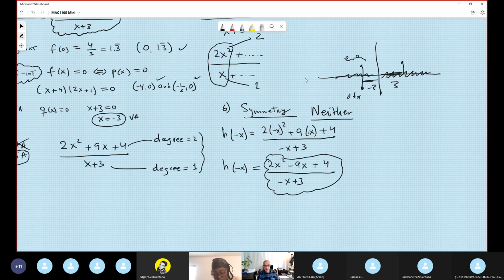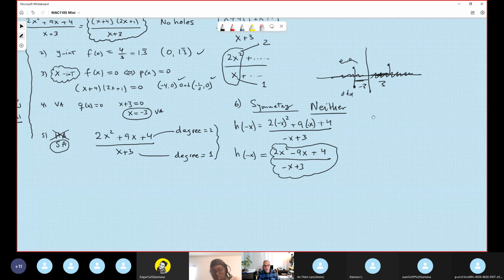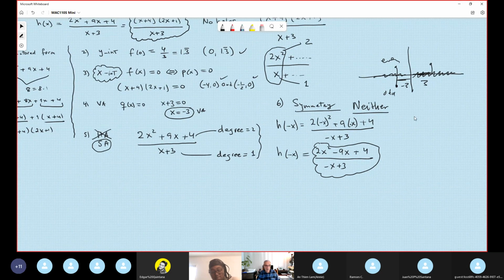Let me do a verification. I forgot something. I forgot inside the topic 5 to check if my function crosses or not the horizontal asymptote. Sorry, see, this is a slant line.